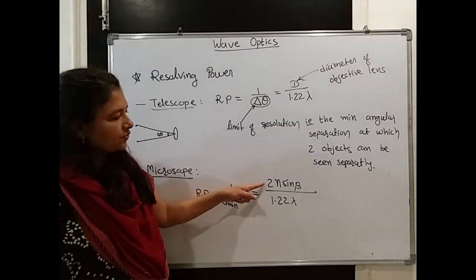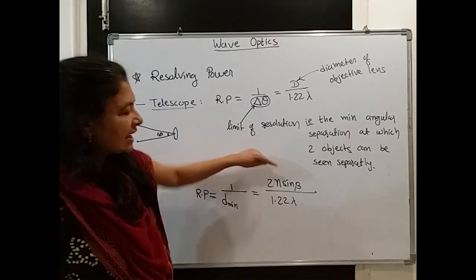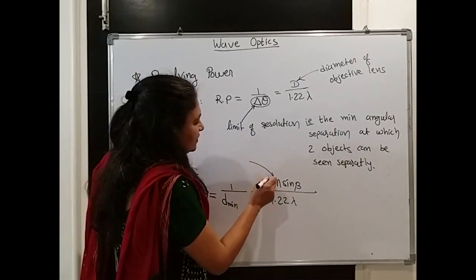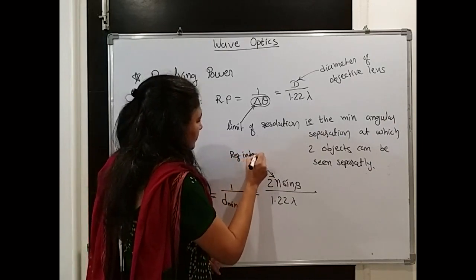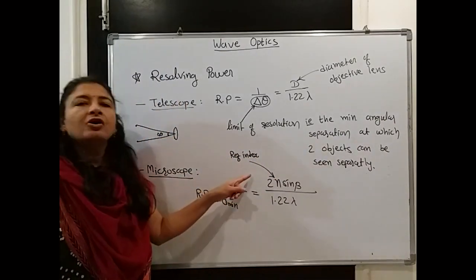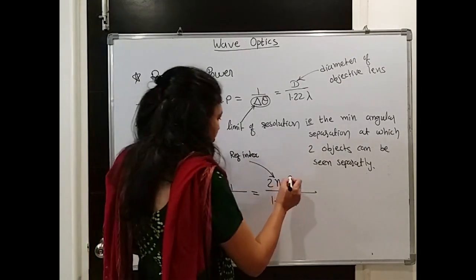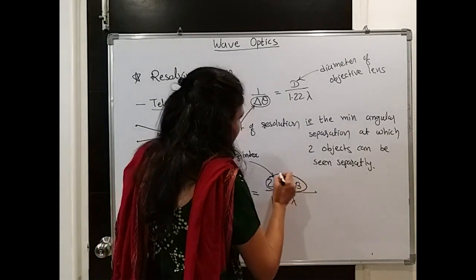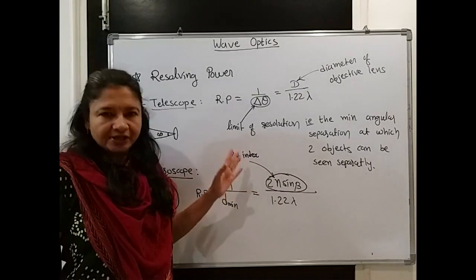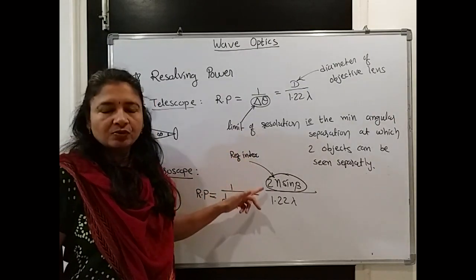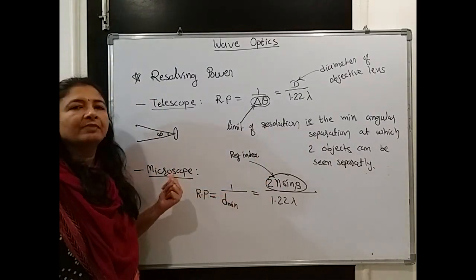It is equal to 2n sin beta upon 1.22 lambda. This n is the refractive index of the medium in which the objective lens is kept, and this total 2n sin beta is known as the numerical aperture of the objective lens of the microscope.